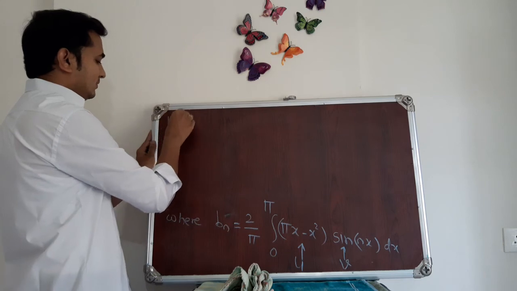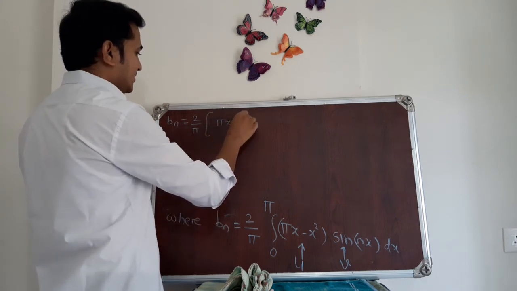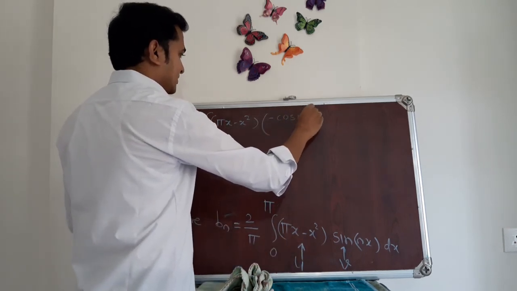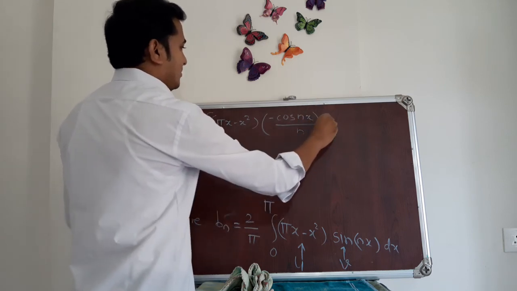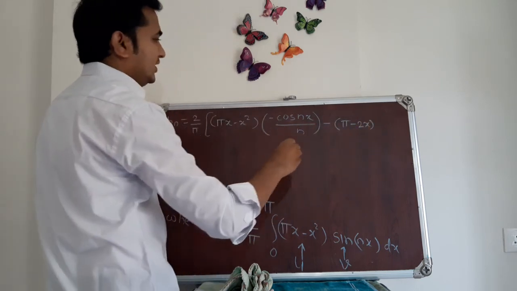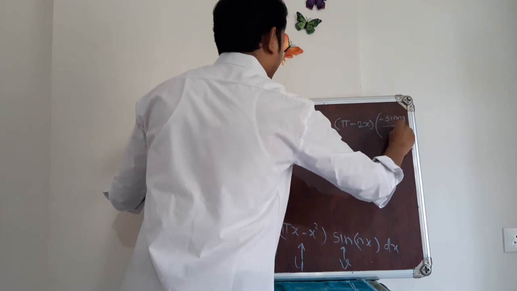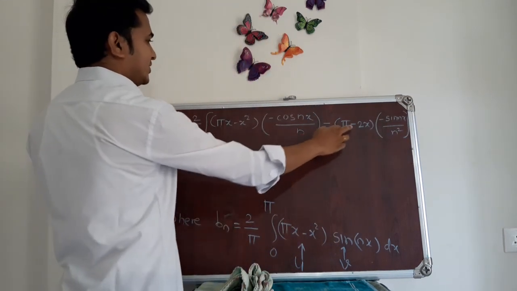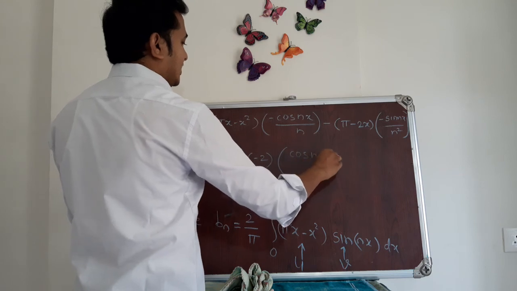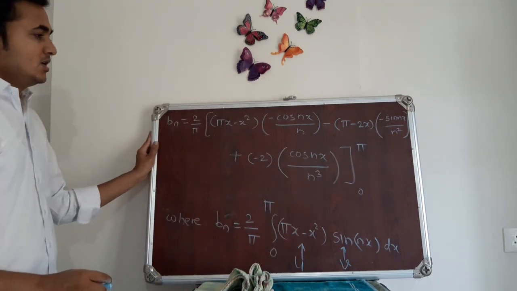So bn is equal to 2 by pi, u as it is, pi x minus x square, into integration of v, so minus cos of nx upon n, minus its derivative, that is pi minus 2x, into its integration, that is minus sine nx upon n square, plus its derivative, that is minus 2, into its integration, that is cos nx upon n cube. Limits are 0 to pi.